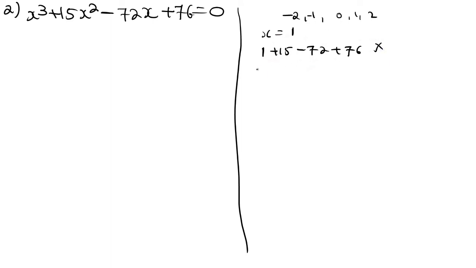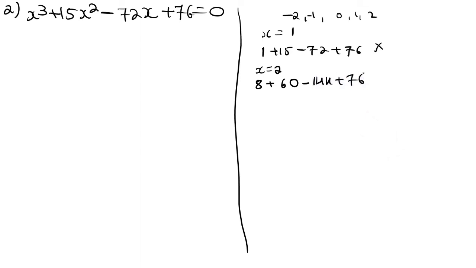So take x equal to another number. If 1 is not possible, then probably minus 1 is also not possible. So go for other numbers. Suppose you take x value equal to 2. Then see, 2 cube is equal to 8, plus 15 into 4 is equal to 60, minus 72 into 2, which is minus 144, plus 76.